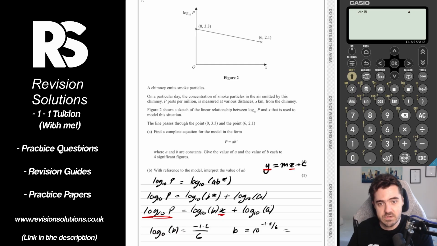It wants that to 4 significant figures, so let's put that in the calculator. 10 to the power of minus 1.2 over 6 gives us 0.63, and it's going to round up actually to 0.6310.